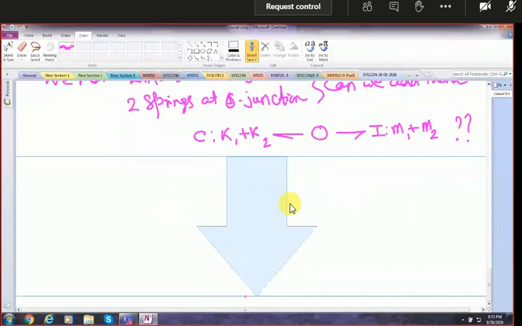Let's say we have a mass connected to a spring, another spring, and we have a mass, like K1, K2, K1, K2.